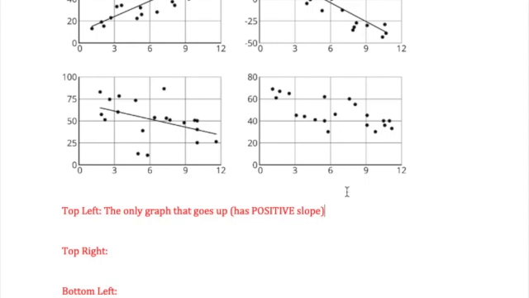This graph, bottom right, doesn't have a trend line, which is the only one that doesn't. So bottom right does not have a trend line on it. But it still seems like if I were to draw a trend line, I would draw a negative trend going down.